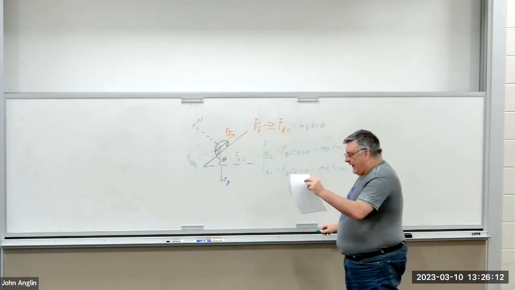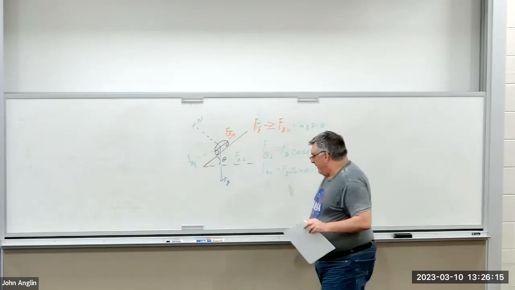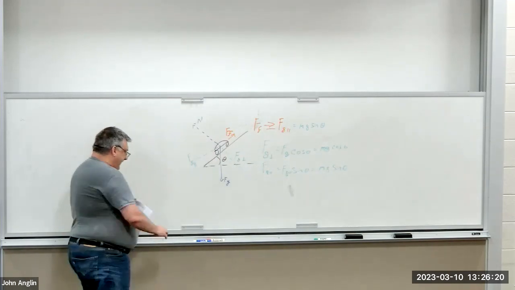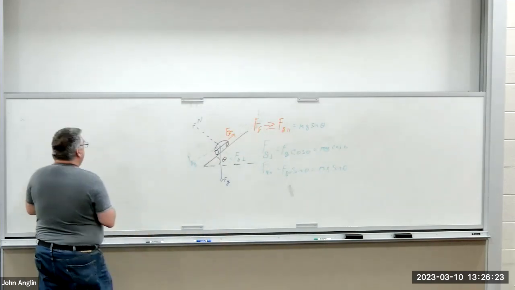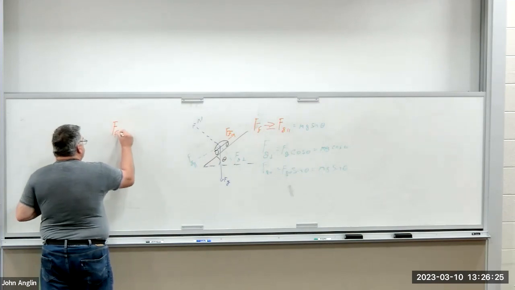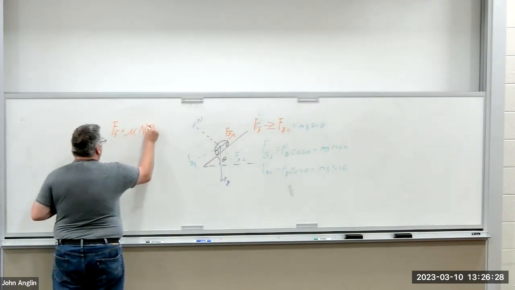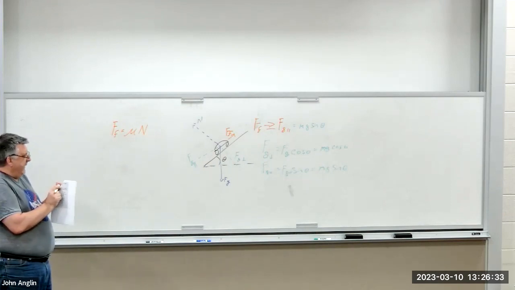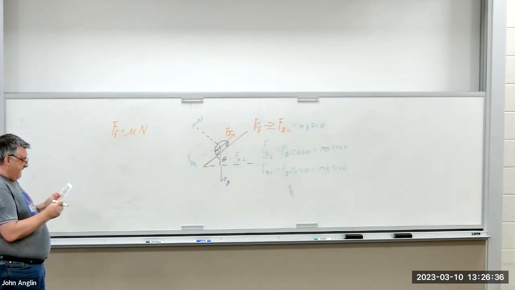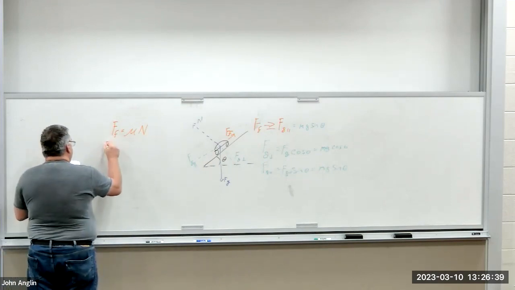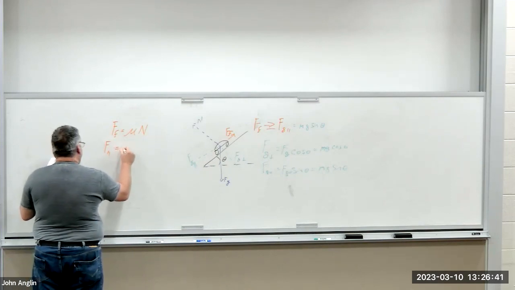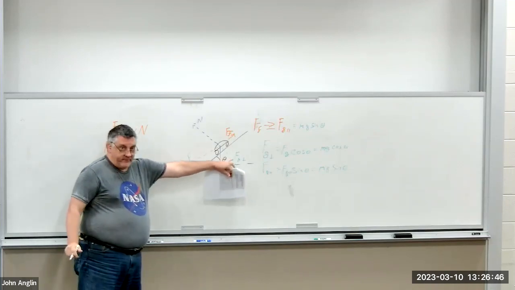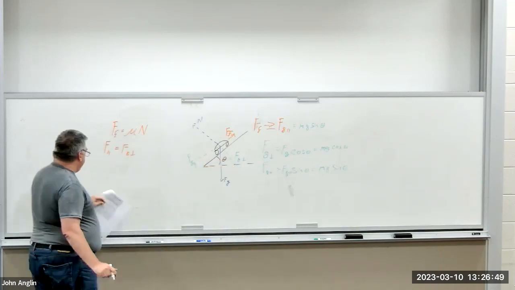Cool. But we need to know the coefficient or the frictional force now, right? We need to find that frictional force. We know that the force due to friction, we can calculate it with mu N, where mu is just our coefficient of friction, N is our normal force. Well, we can just look at our free body diagram and figure out pretty quickly that our normal force is going to be dependent on this FG perpendicular.